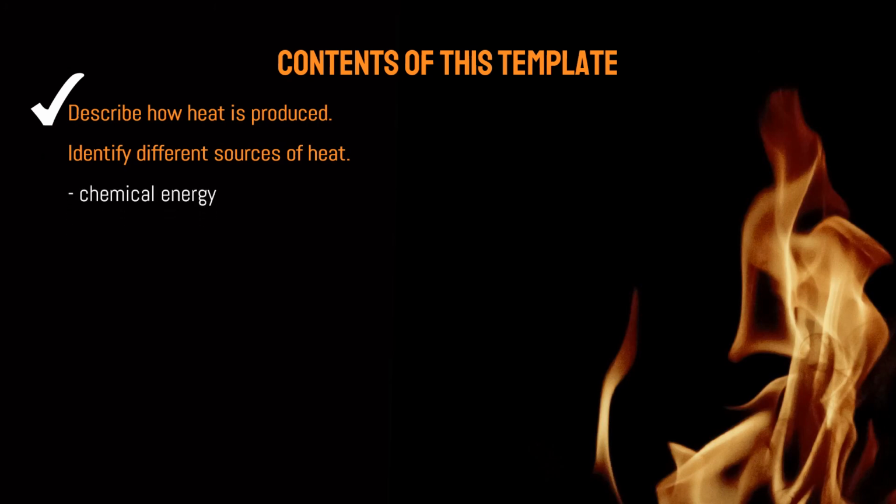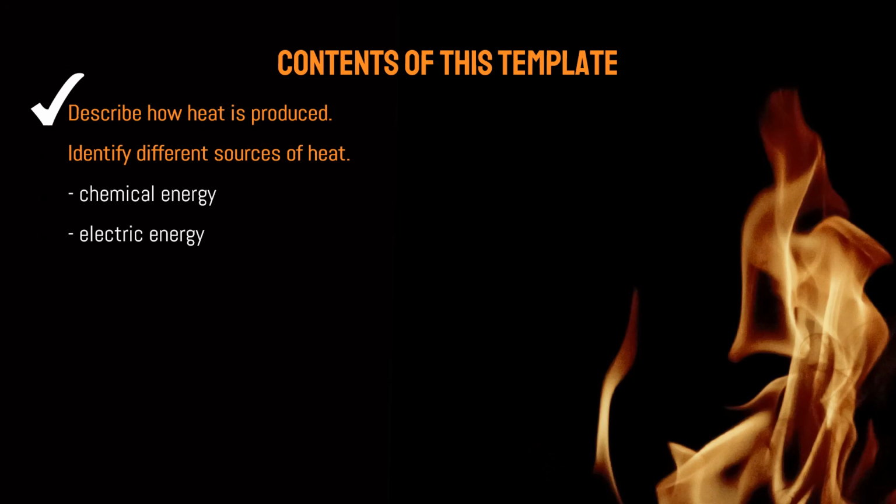It's when fuel burns. Sources that change chemical energy into heat energy are the sun, the gas stove, gasoline, oil, coal. All of these are fuel. When burning, they produce heat energy.